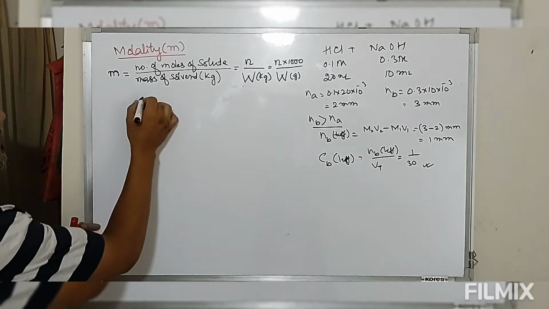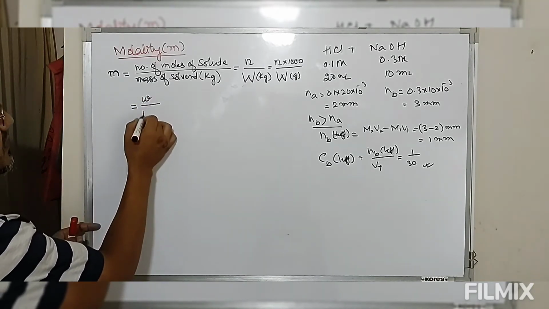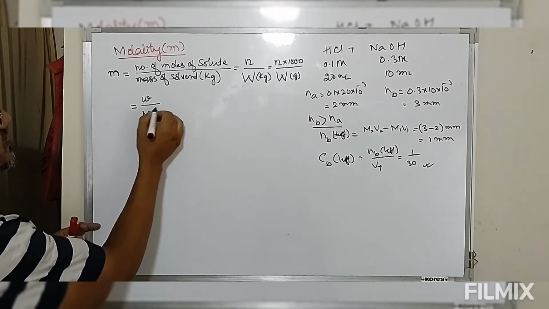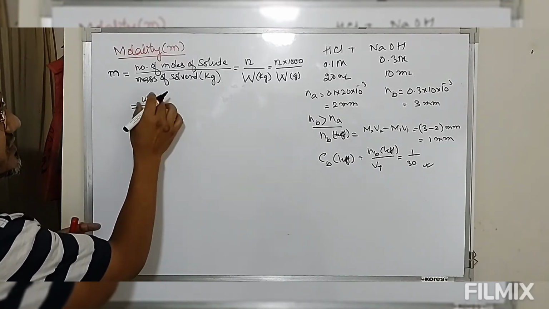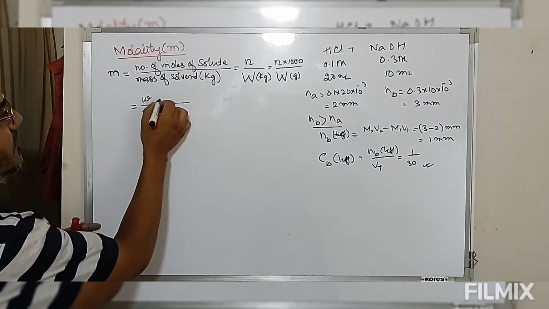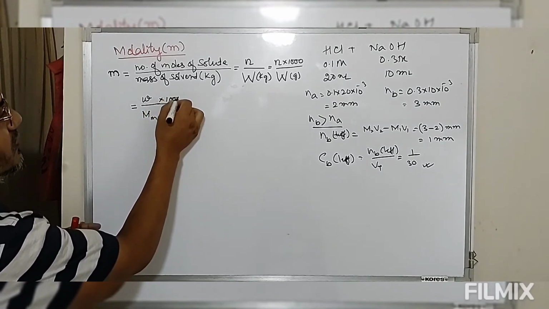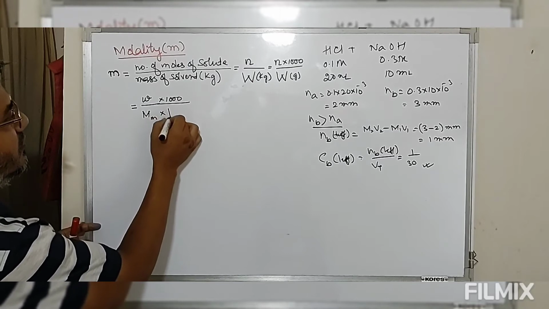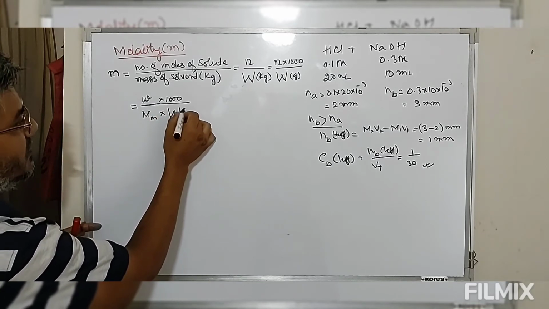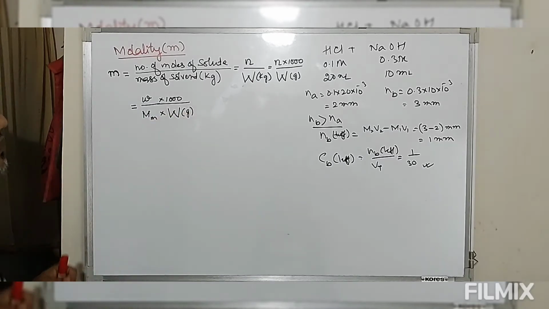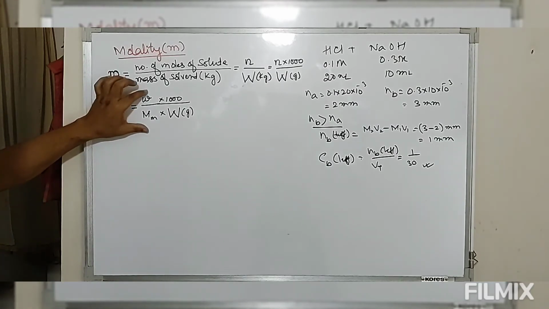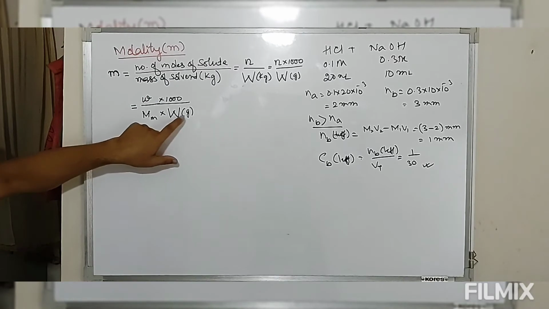So we can write the mass of the given substance divided by the molar mass of the solute; this is the number of moles, into 1000, divided by the mass of solvent expressed in grams. So this is the number of moles of solute, and this is the mass of solvent expressed in grams.